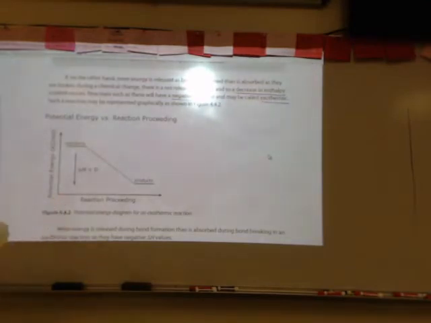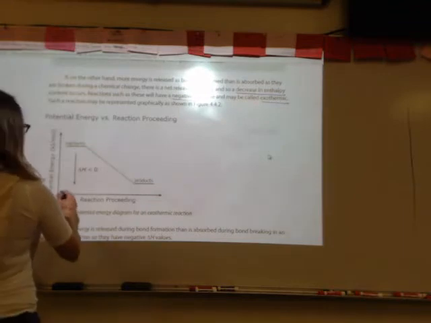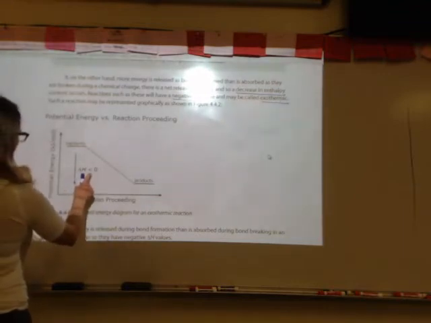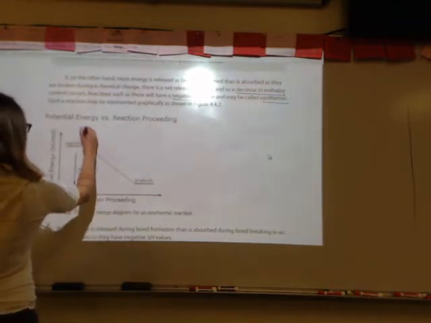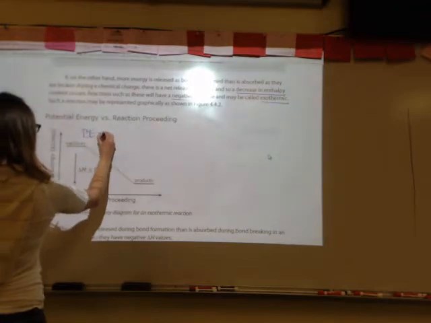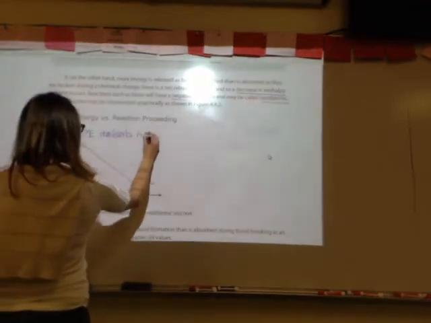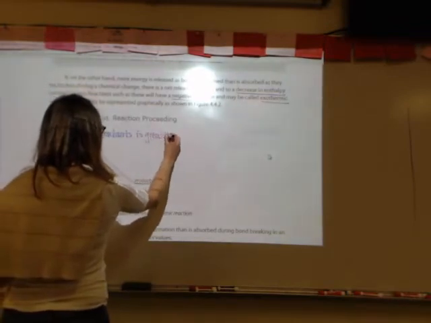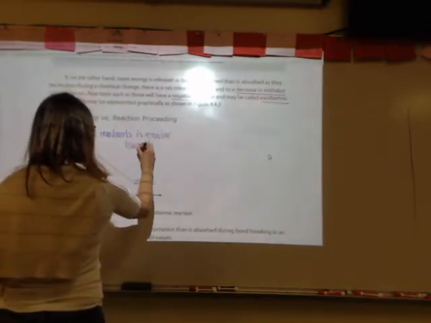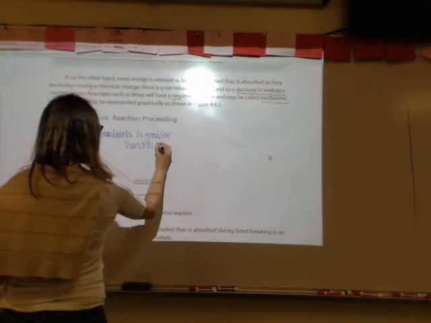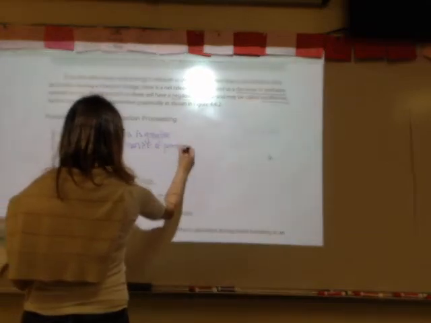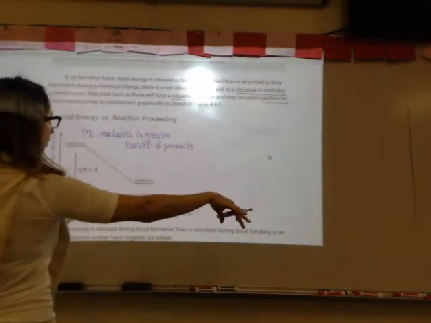And this is a potential energy diagram for an exothermic reaction. Here you will notice that your delta H is less than 0, it's negative, and the potential energy of the reactants is greater than the potential energy of the products. That's because you're releasing more.